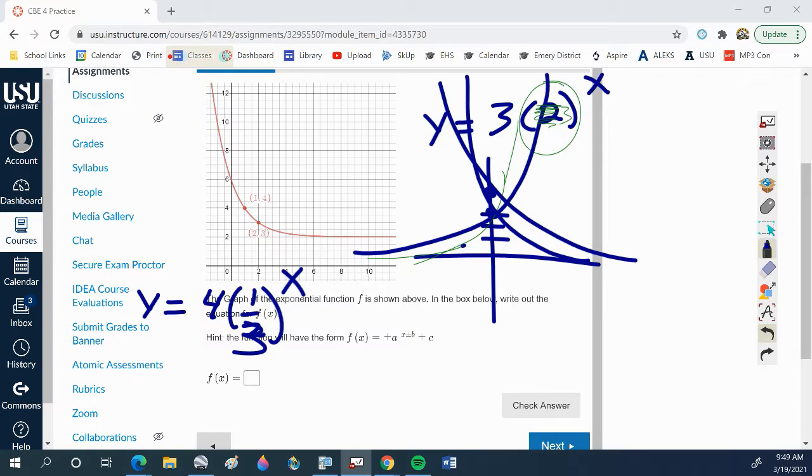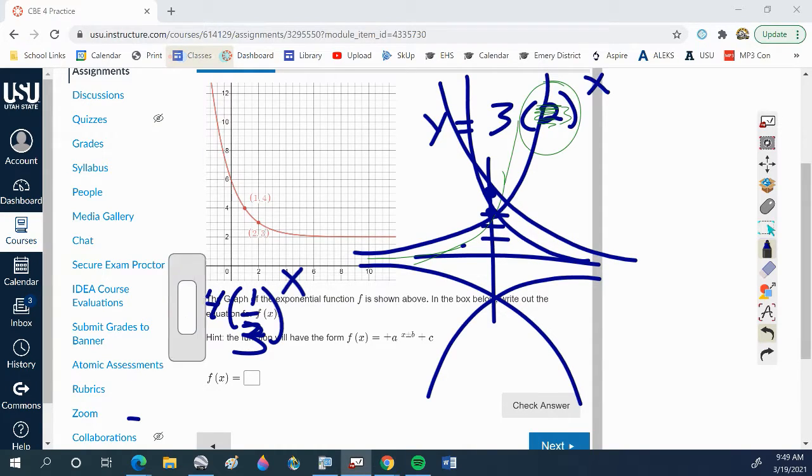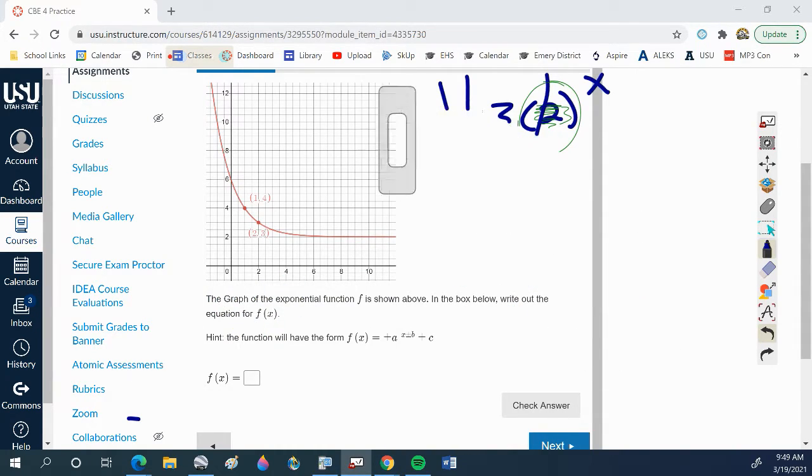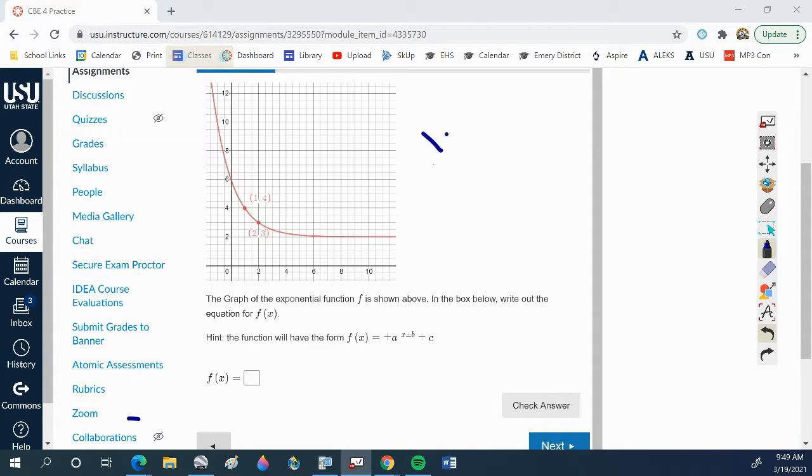Okay. Well, what if I make the number out front negative? It's going to be upside down. So the growths would look like that, and the decays would look like that. All right. Now, what if instead of 3 times 2 to the x, what if it was just 2 to the x?